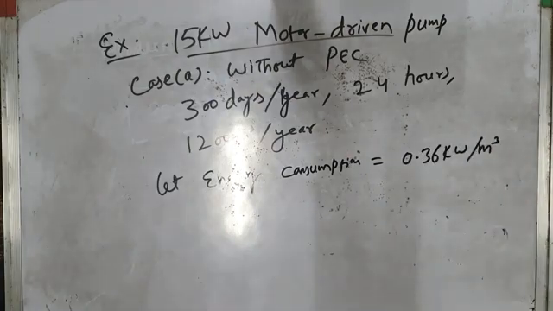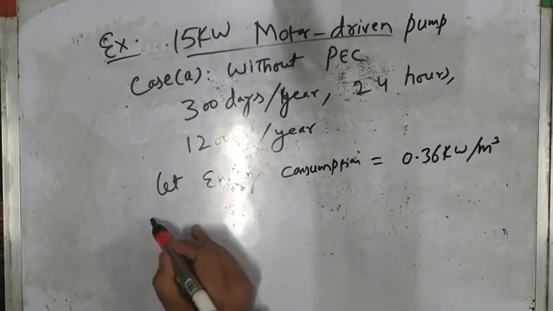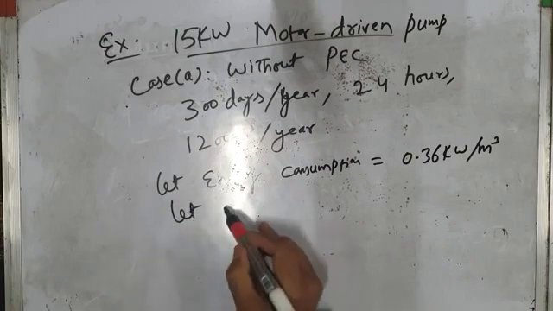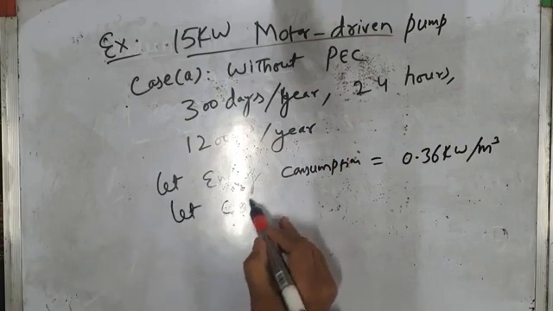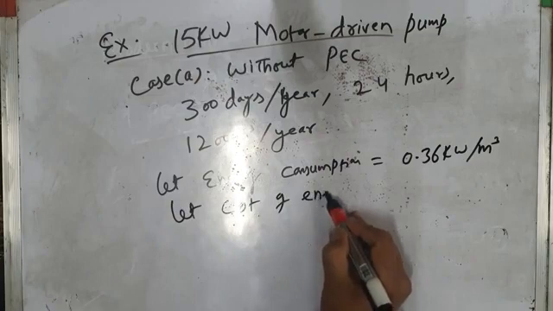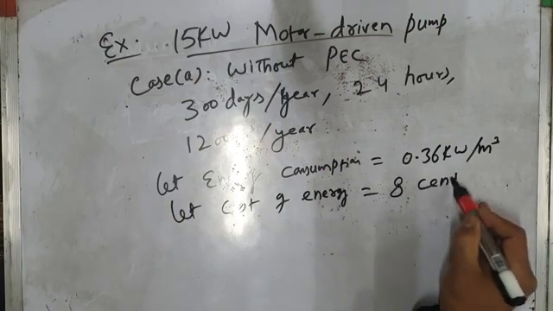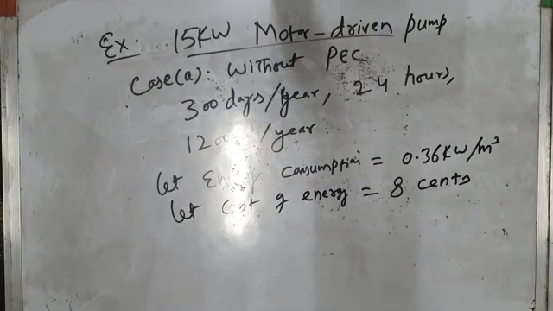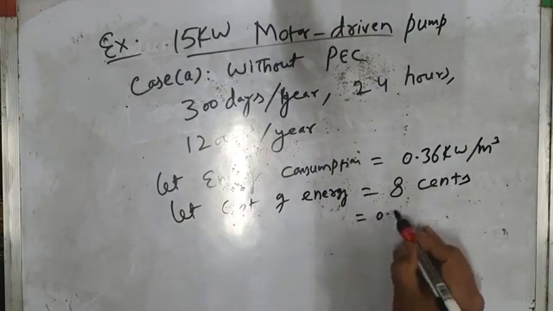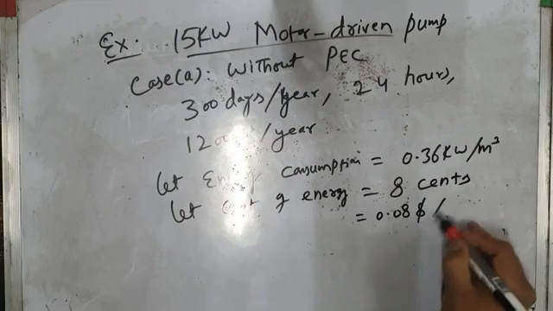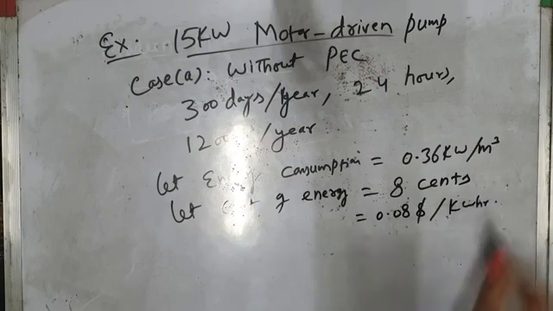And let us also assume that the cost of energy be 8 cents, that is $0.08 per kilowatt hour. Let this be the cost of energy.